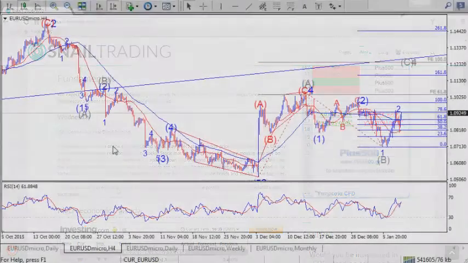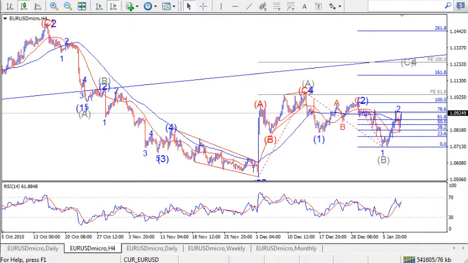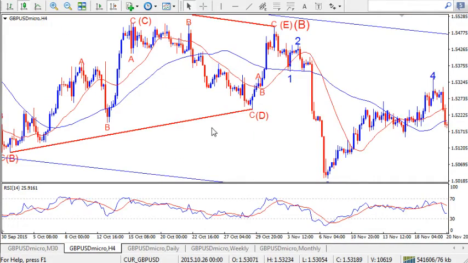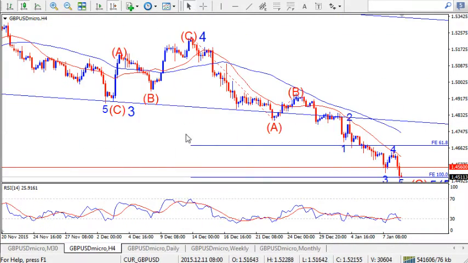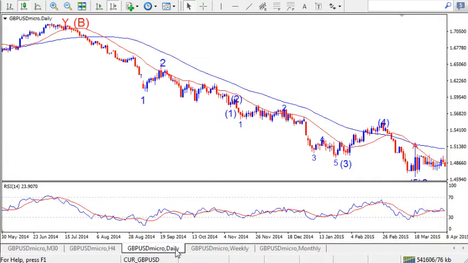I'm going to move to the chart, to the platform again, and I'm going to open the. Okay, this is the British pound chart. I'm going to move to the daily chart.